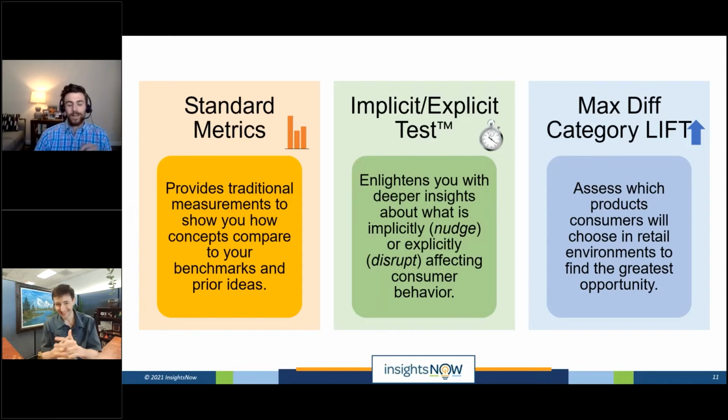As highlighted in that previous slide, sorry, Greg, the standard measurements show us how the concepts are comparing to one another.